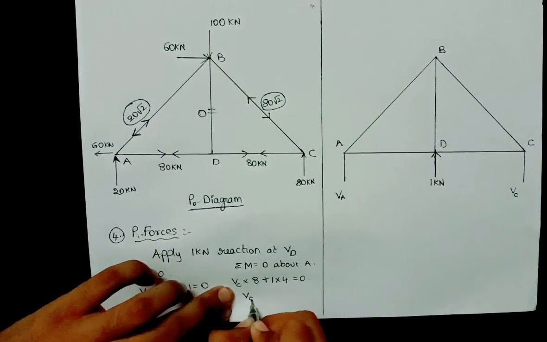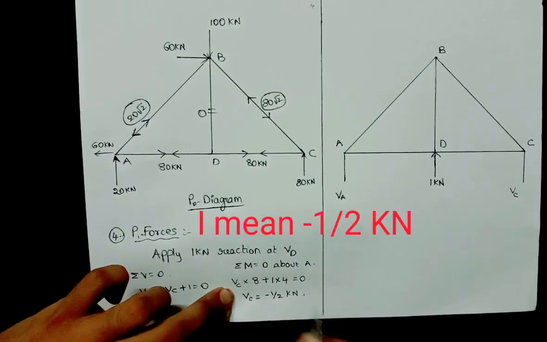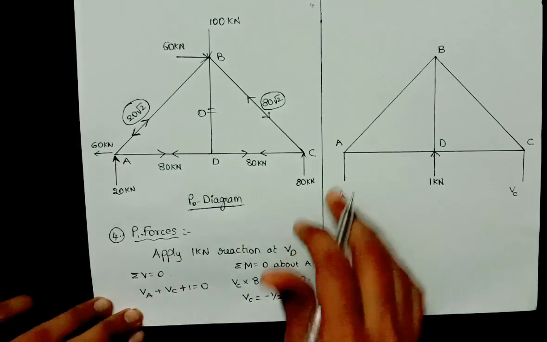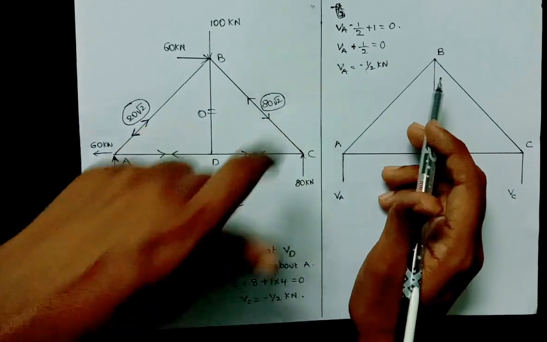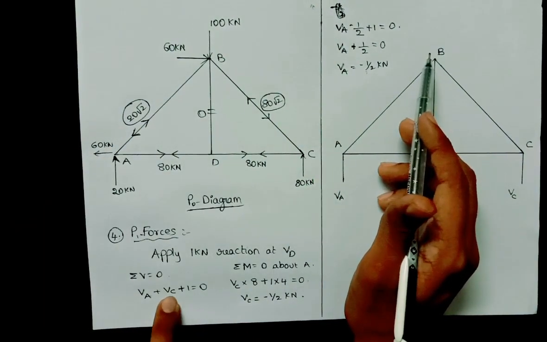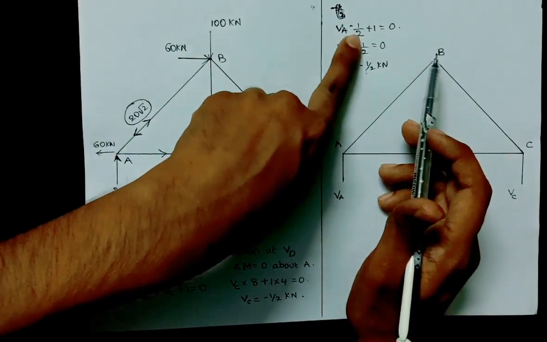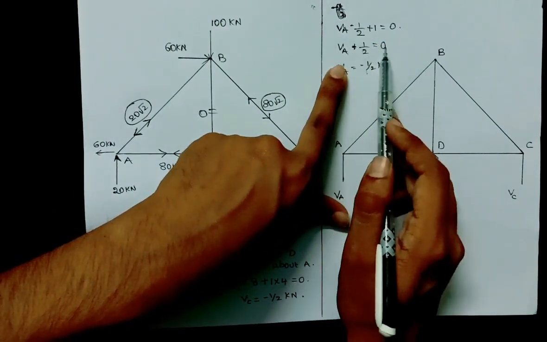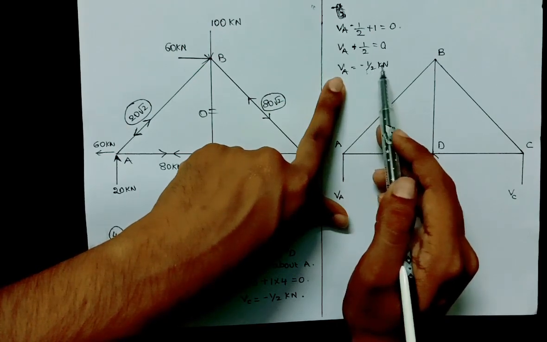On solving this, I got VC equal to minus 1 by 2 kilonewton. I will place this value in the earlier equation. Both VC and VA are negative values. So minus half kilonewton substituted in this equation: VA minus half plus 1, so I got VA plus half equal to 0, VA equal to minus 1 by 2 kilonewton.